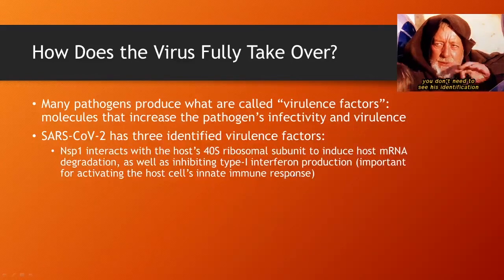Now it also inhibits type 1 interferon production. That is very, very important for activating other parts of the cell's innate immune system. So often what happens is it will start to detect viral RNA or other products, and it will release interferon 1 outside of its body, and then the interferon has to bind on receptors on the outside of the cell's body to be able to fully activate the cell's innate immune system.